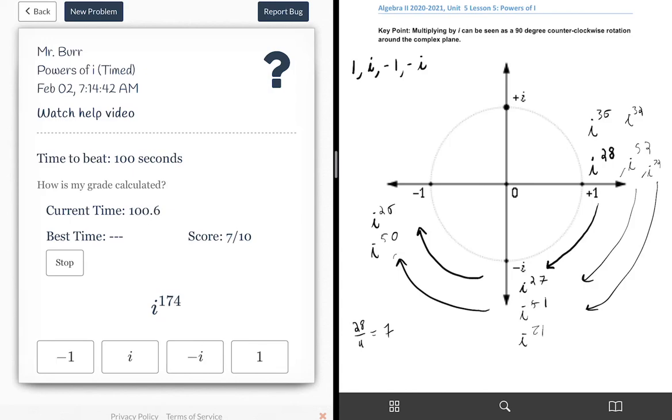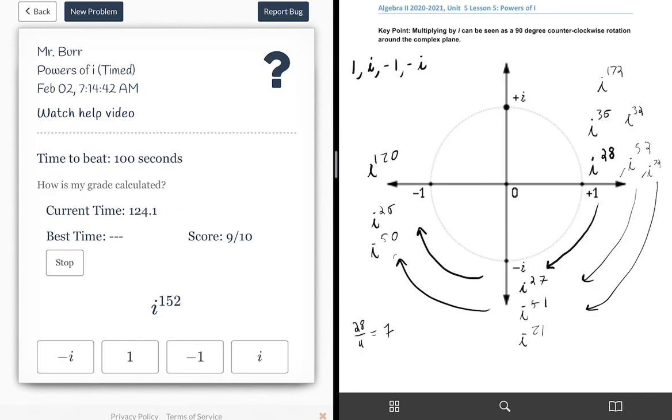Ooh, 174. That's a tricky one, so let's see. 100 is divisible by 4, 140 is divisible by 4, 160, 164, 168. So 172 is right there, and so we're going to have to go 2 back from that. I to the 170 is right here at negative 1. I to the 50th, oh, we already did that one.